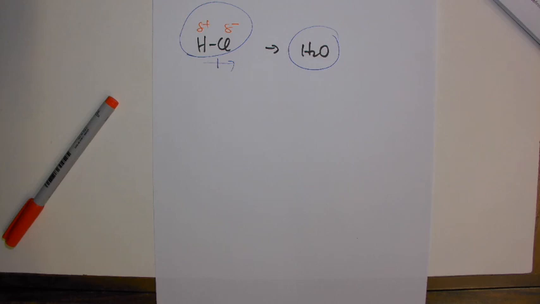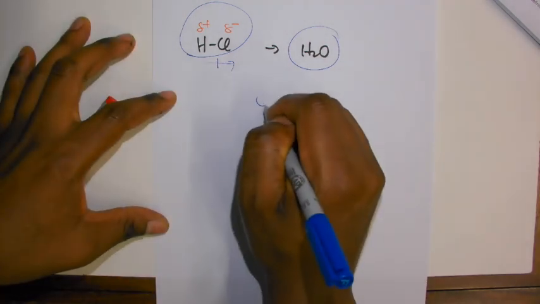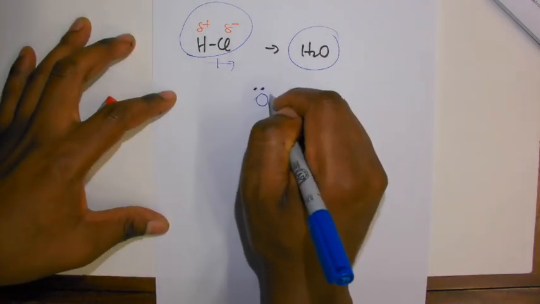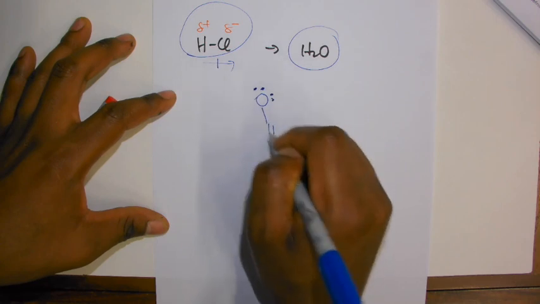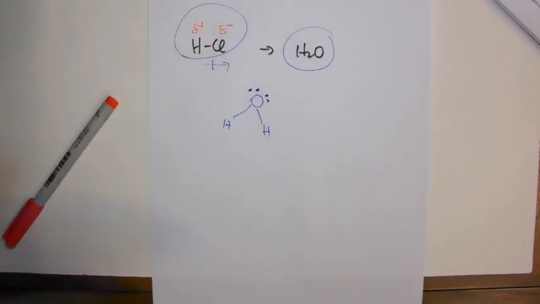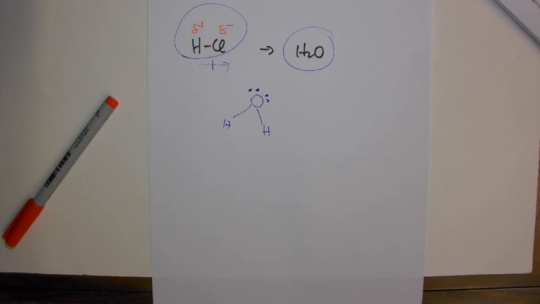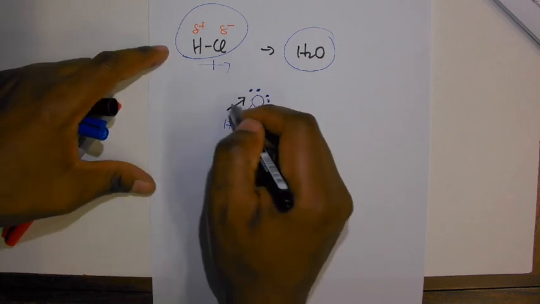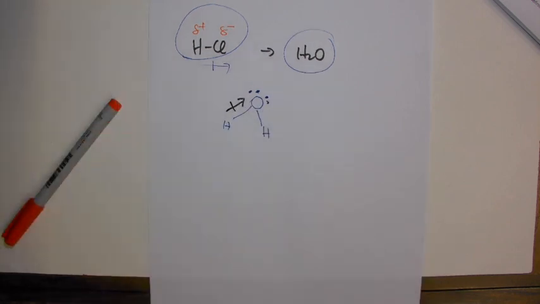So if you draw this, you will draw water looking like this, and then you'll have H here, H there. And then the net dipole moment goes towards the more electronegative one, this way. Because oxygen is more electronegative than hydrogen. You need to just learn these things.